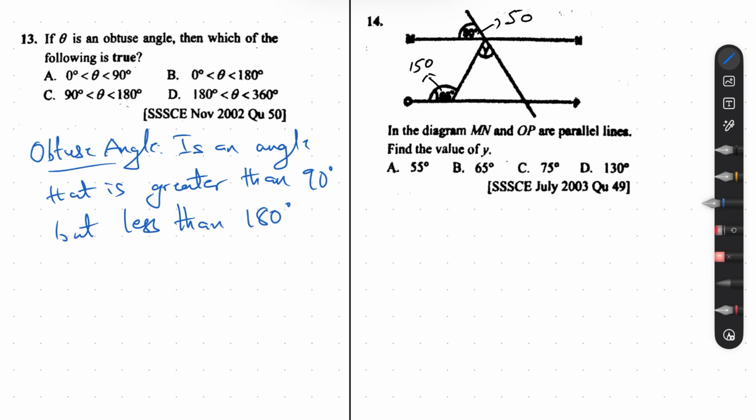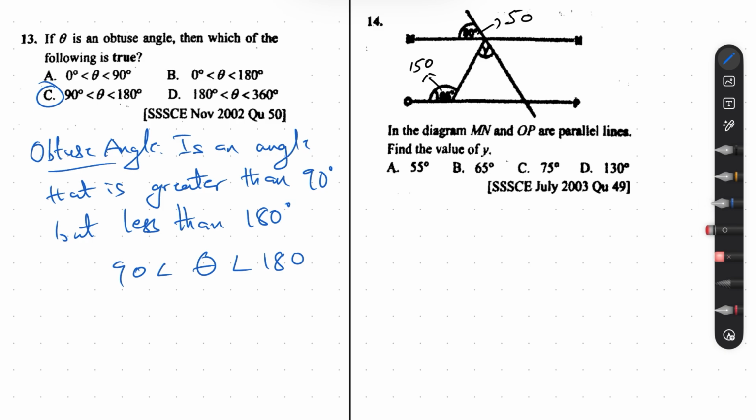So it is between 90 and 180. But our variable here is theta, not x. So this is what an obtuse angle is. Which of the options match this? That is C.